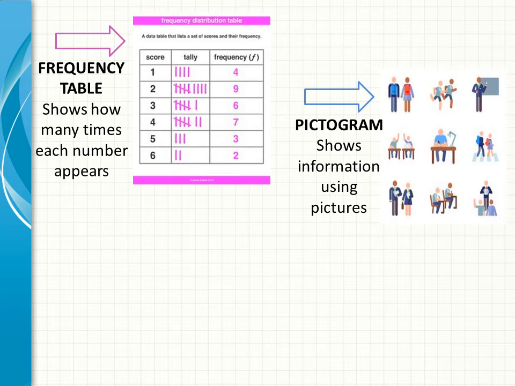Then you know, oh, this must be the toilet, because it shows you the image of the toilet. It shows you the image of the male or female, so you can differentiate. What about prayer room? It only shows you the image of someone praying. So you are able to identify this is a prayer room. So this is how pictogram shows its information.